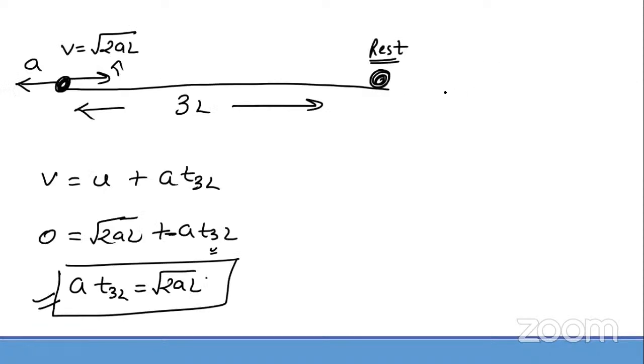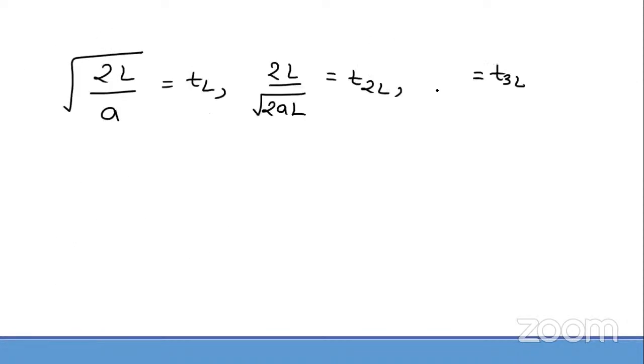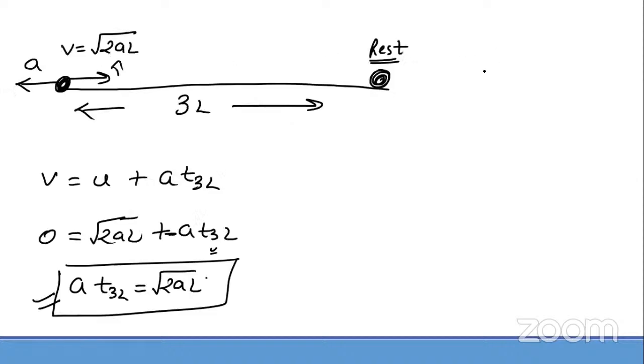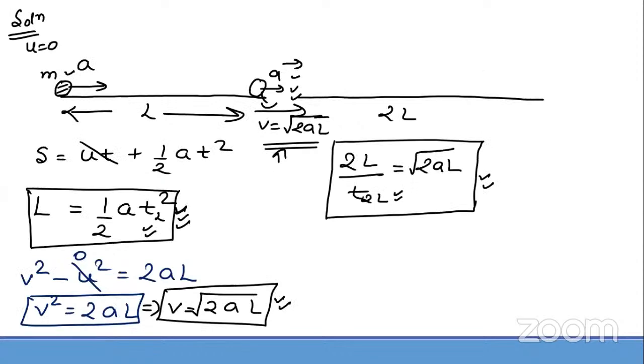T3L is how much? It is under root 2AL upon A. So these are the conditions here. Okay, students. Everything is in the manner of AL. That's fine. These all things are common. So we have the times. Now what to do?